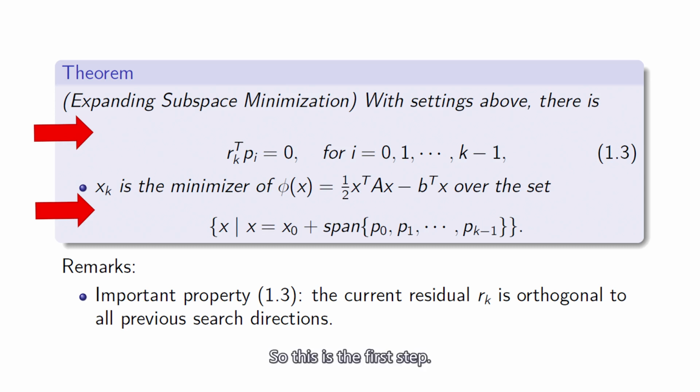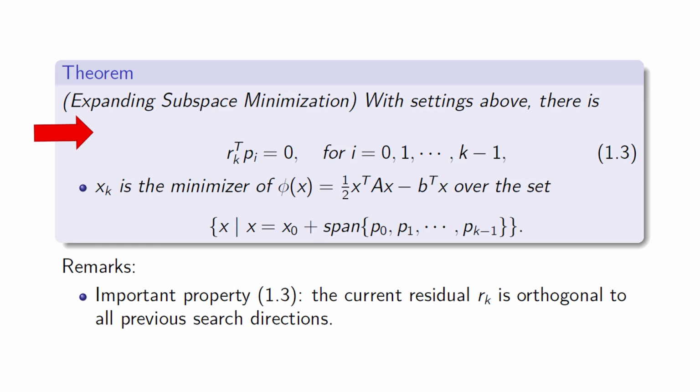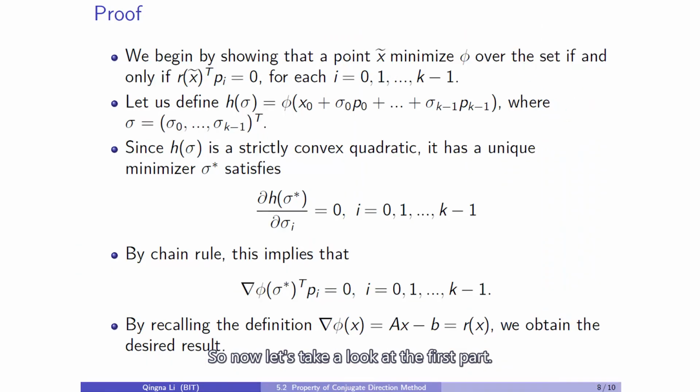This is the first step. The second step is that we only need to prove that the first result holds, and then the whole theorem is proved as well. This is the way we try to prove the theorem. Now let's take a look at the first part.